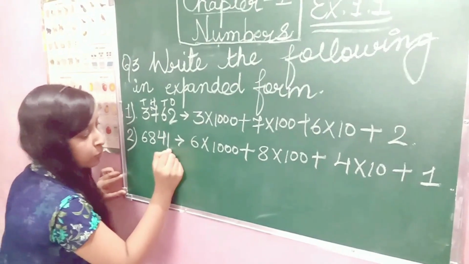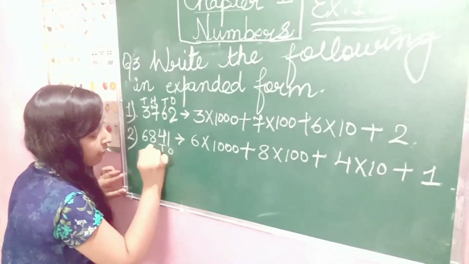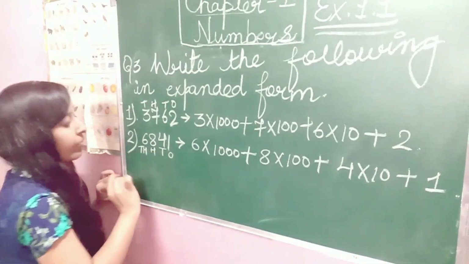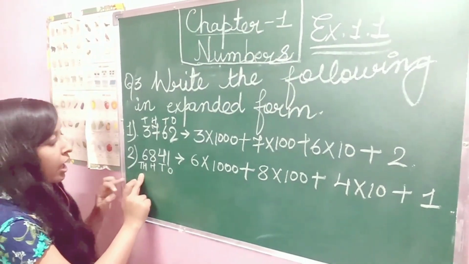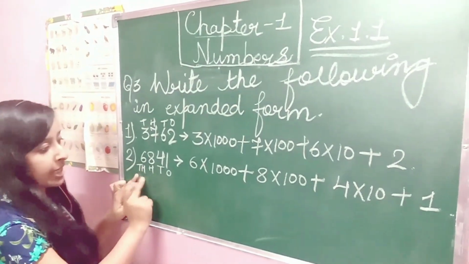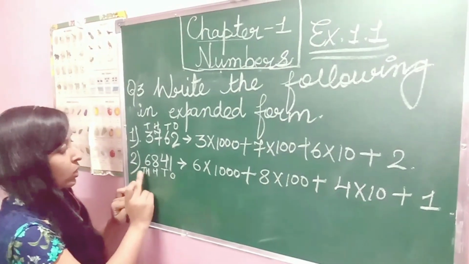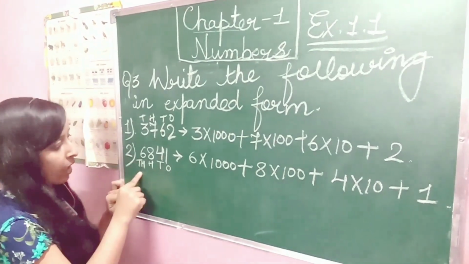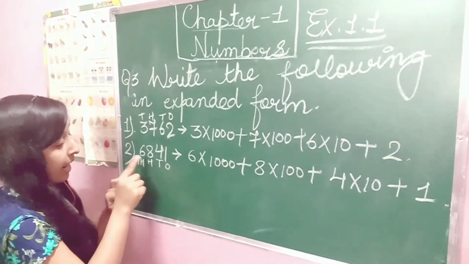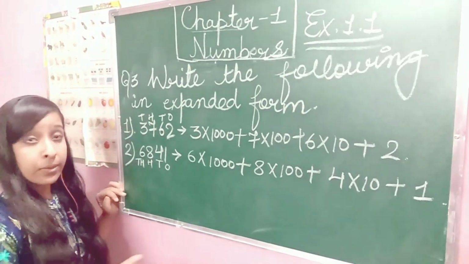1 at which position? Ones, tens, hundred, thousand. Now 6 at thousand place, we have to expand this number by multiplying it by 1000. So I have multiplied 6 by 1000. 8 is at which position?